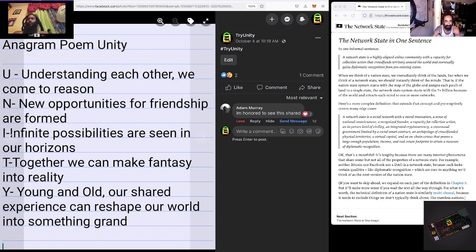I, infinite possibilities are seen in our horizons. T, for together, we can make fantasy into reality. Y, why? Young and old, our shared experience can reshape our world into something grand. An anagram poem for unity.